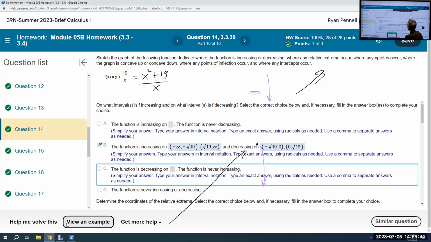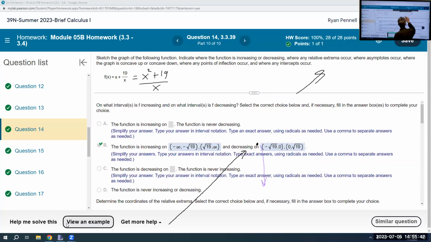We could take the derivative and set it equal to 0, right? And that would tell us where those points are. So f prime of x would equal 1. You know what? Just for funsies, I'm going to rewrite this another way once more. f of x equals x plus 19x to the negative first. That ought to do it. So the derivative then is f prime of x equals 1 minus 19x to the negative 2.